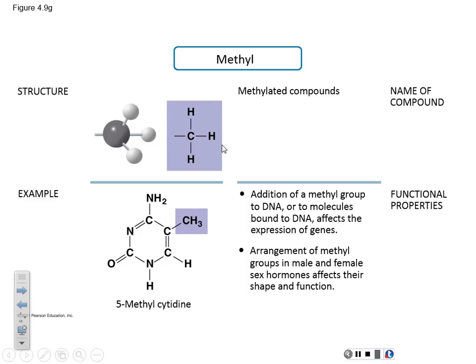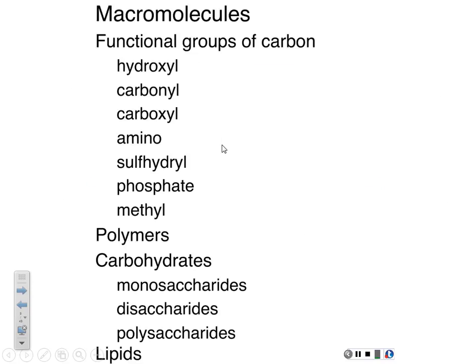We've got the 7 functional groups of carbon. One more time, nice and relaxed discussion about them. 3 things for each of them. If you wanted to make flashcards or quiz yourself, you need a 3-sided flashcard, right? Maybe a 4-sided flashcard, maybe 2-sided flashcards. So here's what you need. You need to be able to associate the structure of the functional group with the name of that functional group.